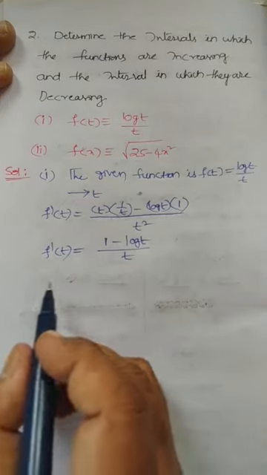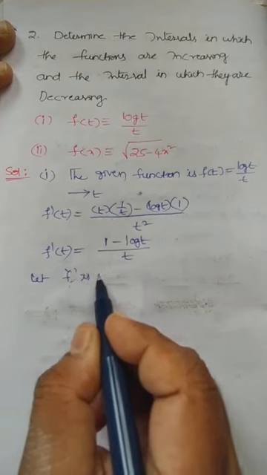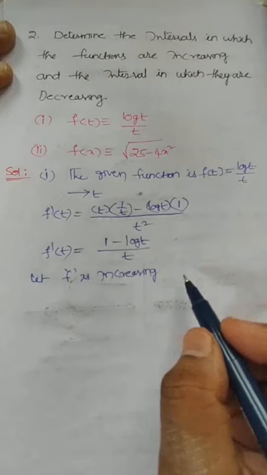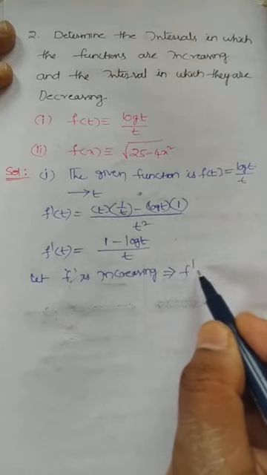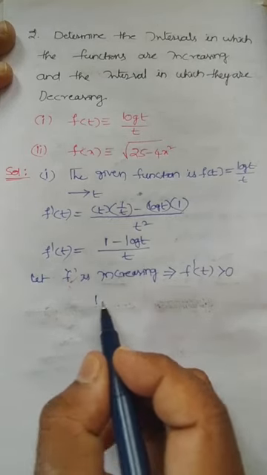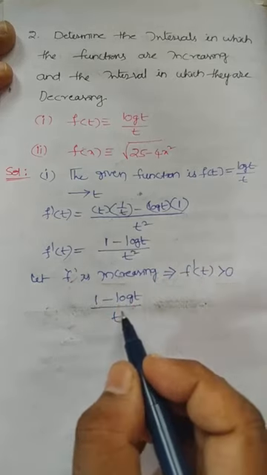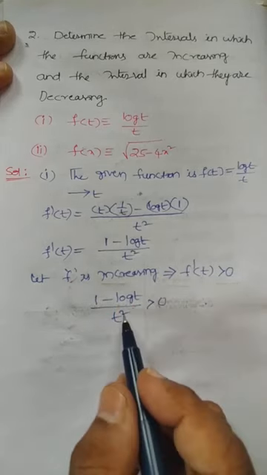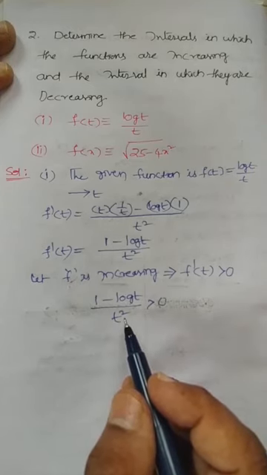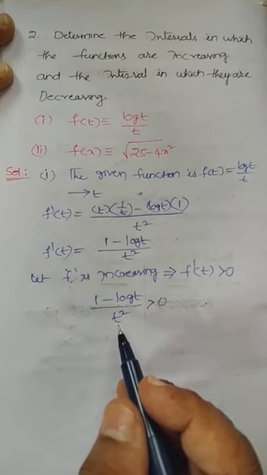Okay. Now same, let f be increasing. That implies f dash of t must be greater than 0. What is our f dash of t? 1 minus log t by t square is greater than 0. Here in the denominator, whatever the t value, its square is there, so the denominator is always positive.